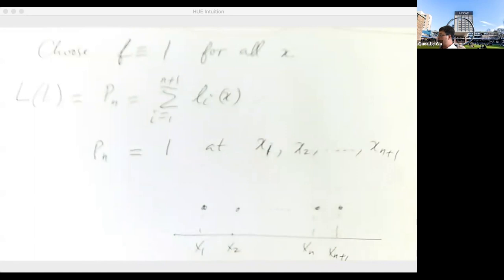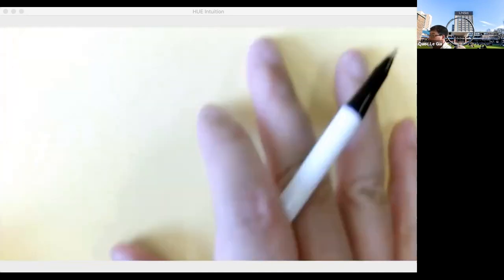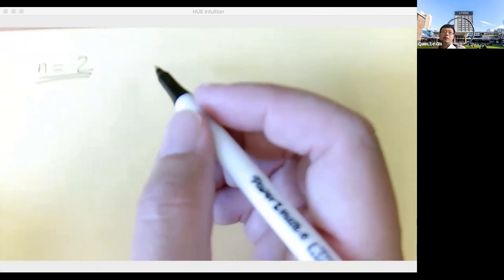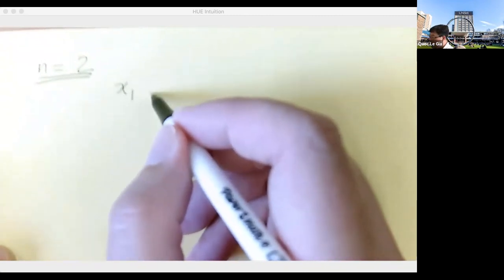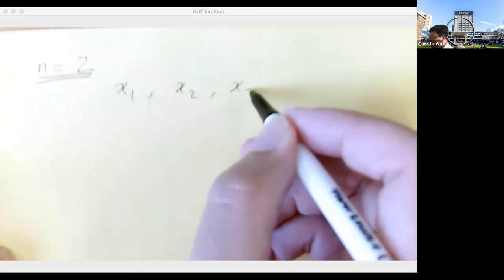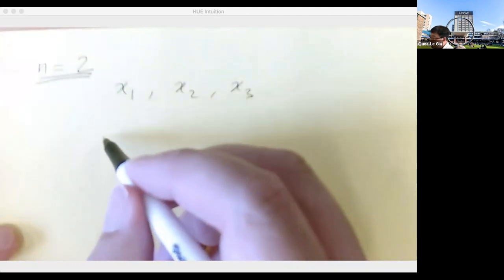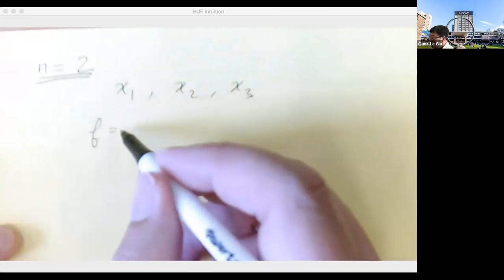Maybe it's not easy to see in the general case, but suppose I take n equal 2. So how many points do we have here? We have 3 points: x1, x2, and x3. Now you choose your f to be 1.